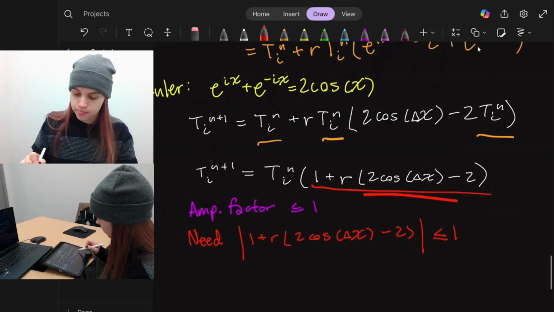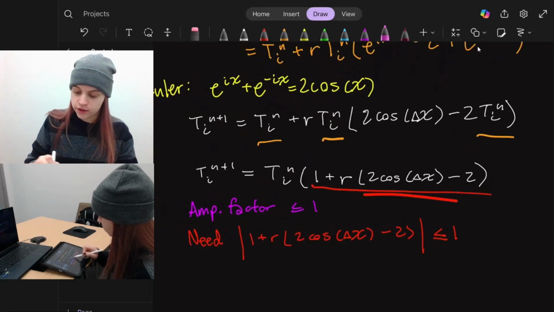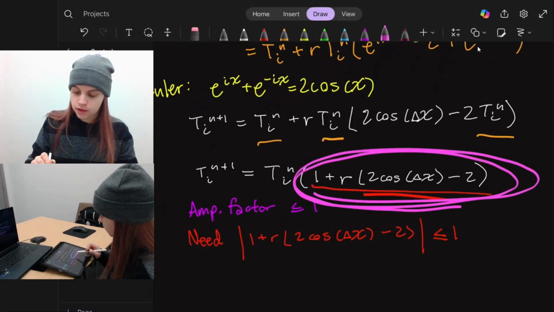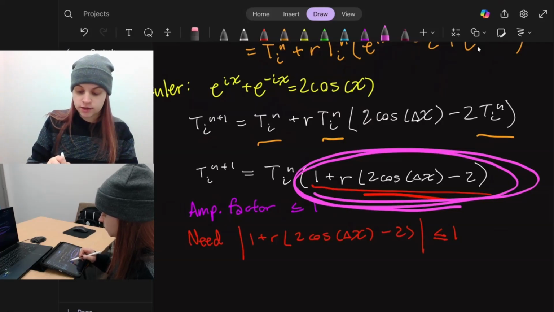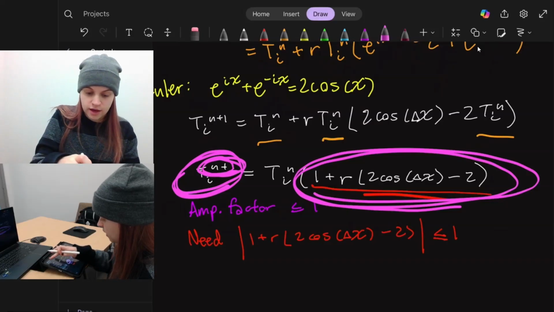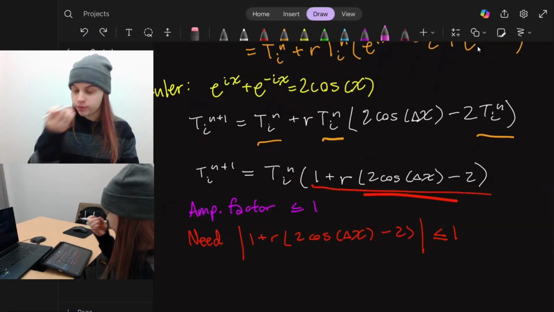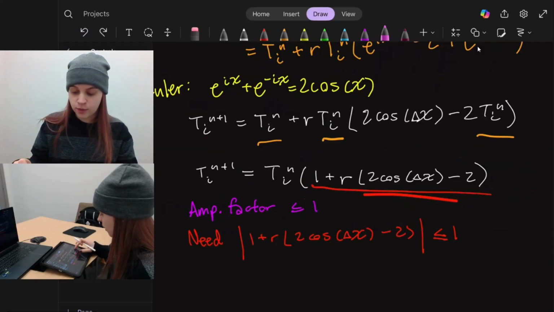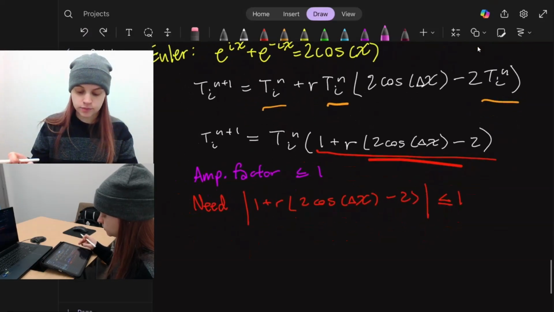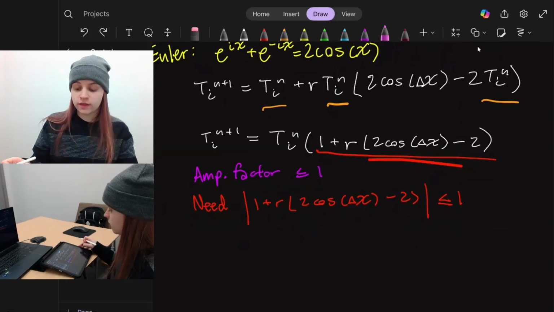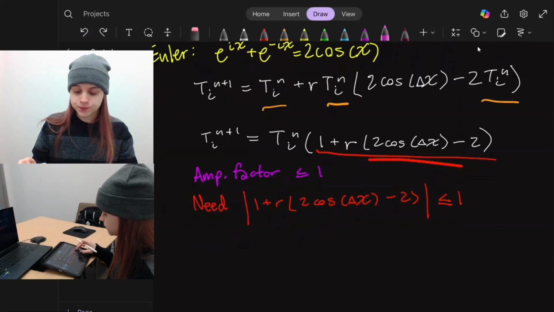Essentially, this value is what determines how the temperature behaves in the next time slot compared to the previous one. If that is too large, then this will not be stable.